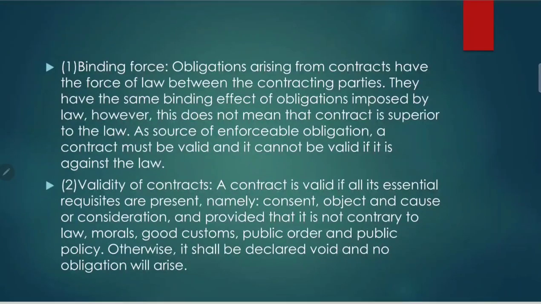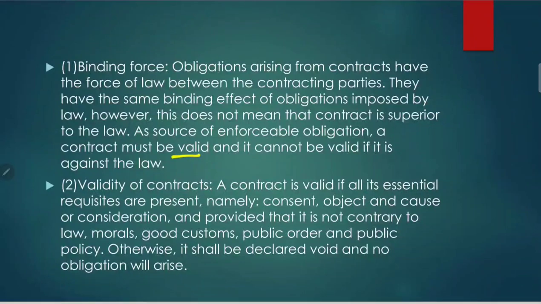As source of enforceable obligation, a contract must be valid and it cannot be valid if it is against the law. So, clear tayo na kahit na sinabi natin na obligations arising from contracts have the force of law between the contracting parties, we have to ensure first that the contract must be valid and not against the law.